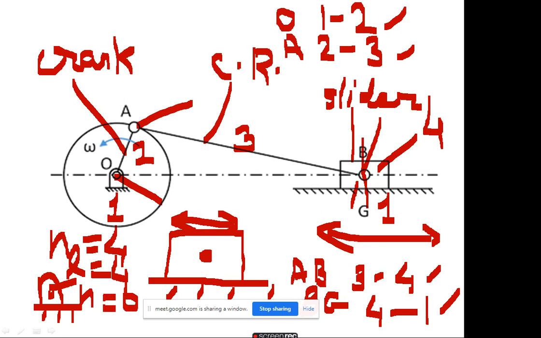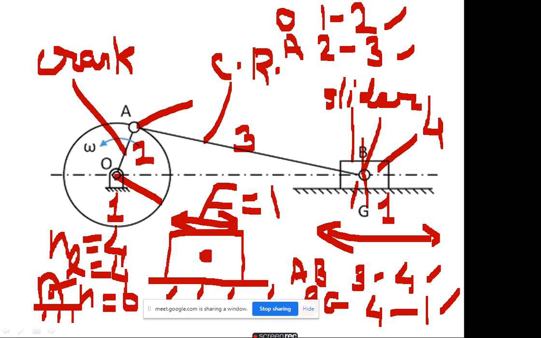So we'll be getting the same value as the 4-bar mechanism. N is equal to 4, L is equal to 4, and H is equal to 0. If you calculate degree of freedom, you get 1. So for the 4-bar mechanism as well as the slider crank mechanism, the degree of freedom is 1.